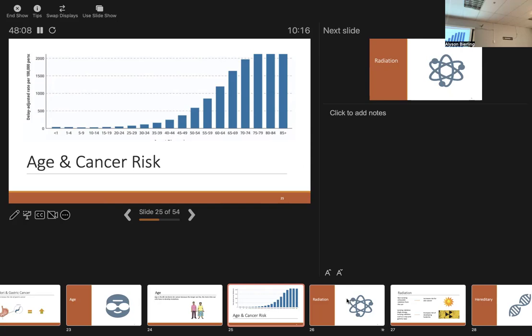So people are living longer in Lesotho than they used to. That's one of the reasons why we are going to be seeing that increasing burden in countries like Lesotho, because as the population lives longer, they have more time to develop those genetic alterations that contribute to cancer.